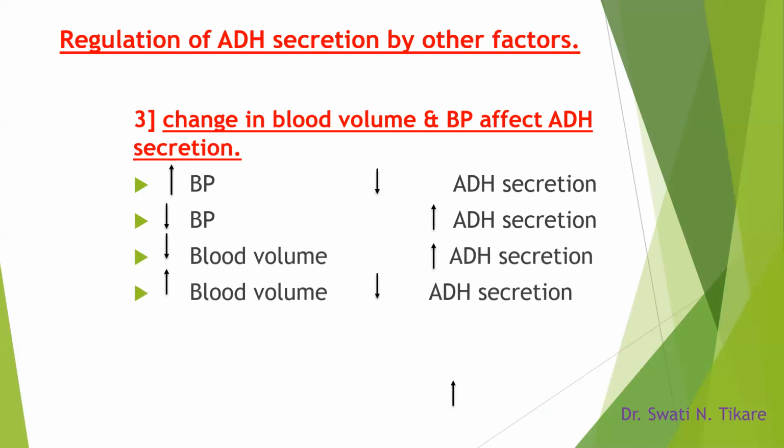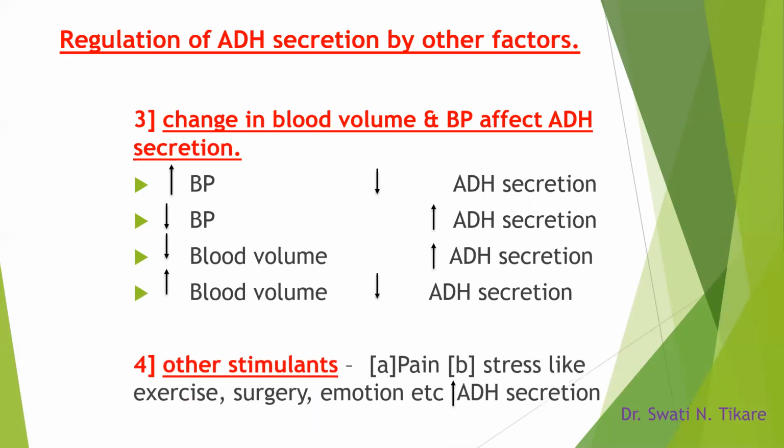Similarly with blood volume: if blood volume increases, ADH will decrease, or if it decreases, ADH will increase. So blood volume and blood pressure have an inverse relationship with ADH secretion. That would sum up the whole thing.